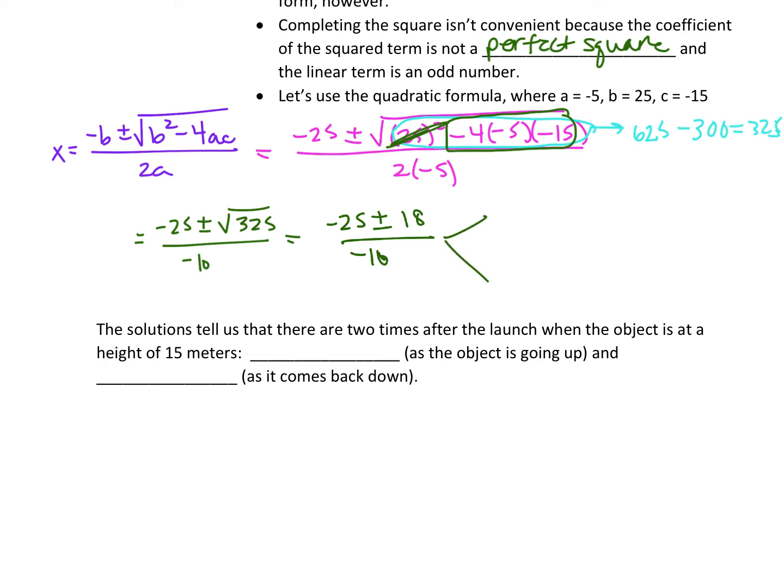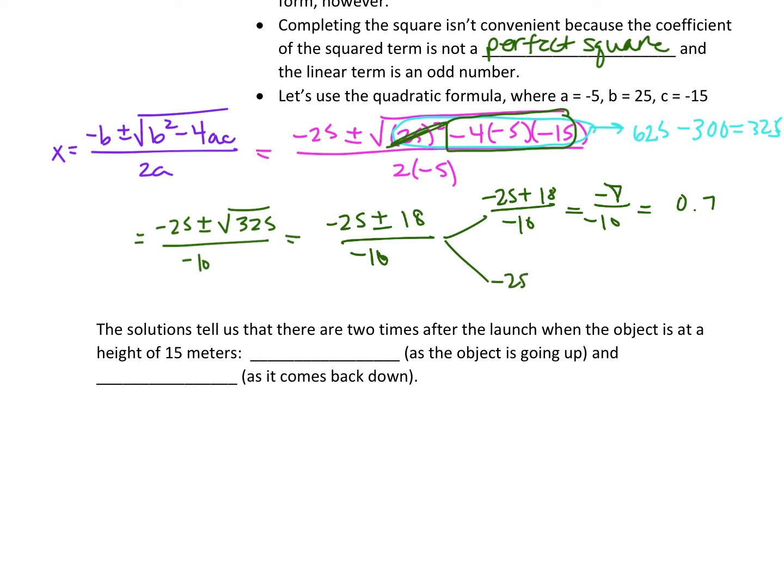We're going to do the addition, so negative 25 plus 18 divided by negative 10. So negative 25 plus 18 is going to give us a negative 7. Well, that's a 7 divided by negative 10, which is a positive 0.7. Now let's do the subtraction.